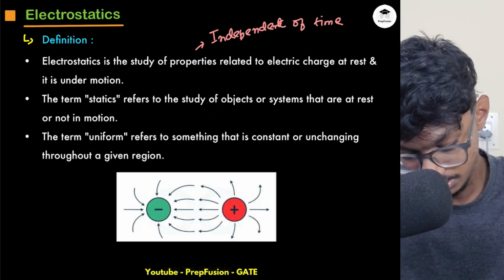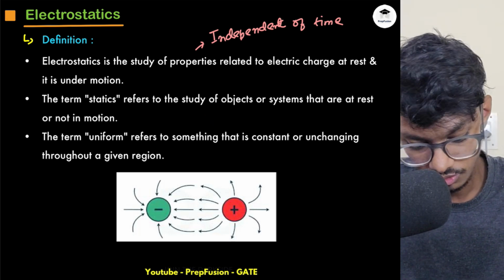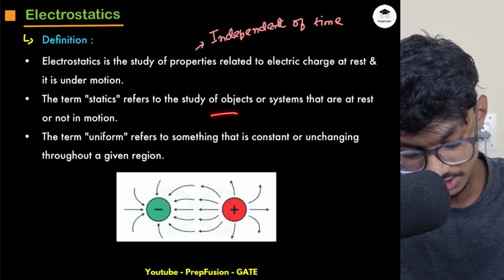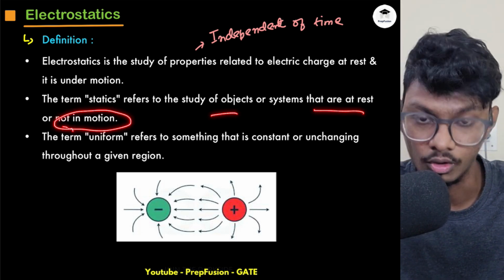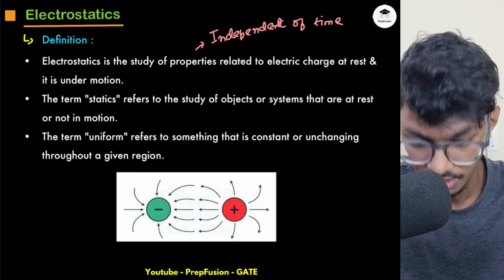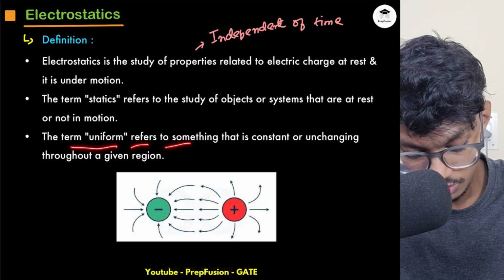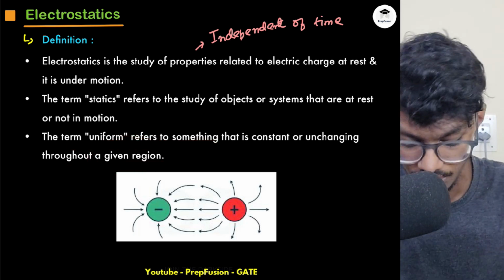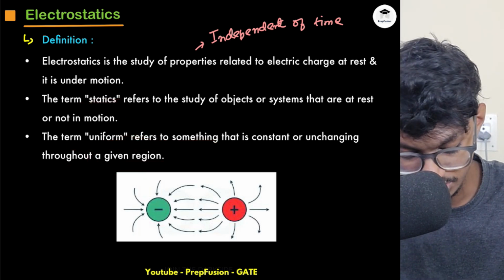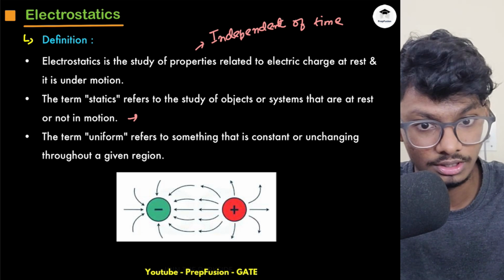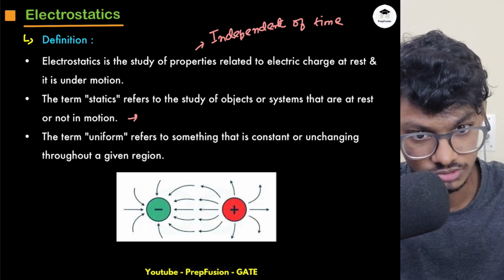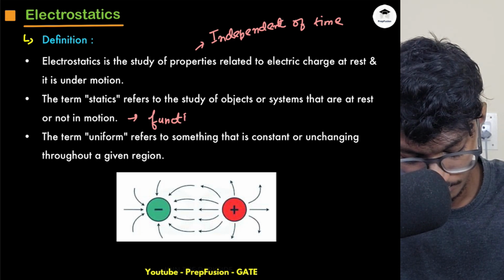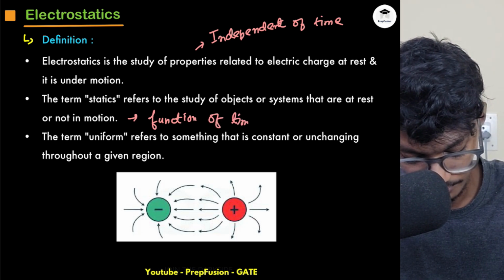So let's move on to the next term. The term static refers to the study of objects that are at rest and not in motion. Not in motion means it is not a function of time. The term uniform refers to something that is constant and unchanging throughout a given region. You have to understand these two things. If static is there, it will not be a function of time.